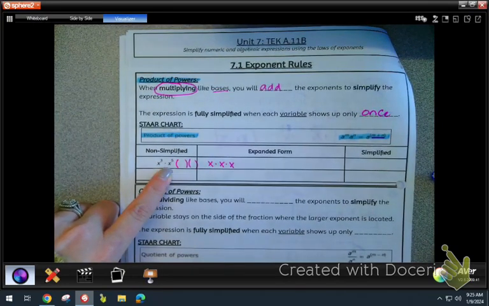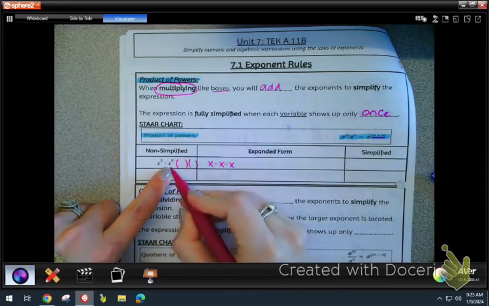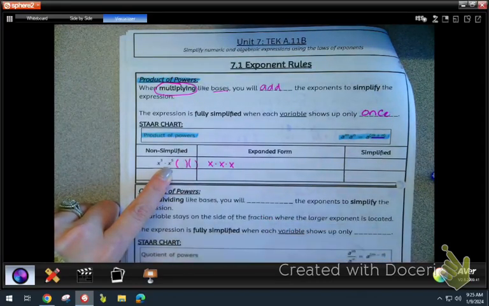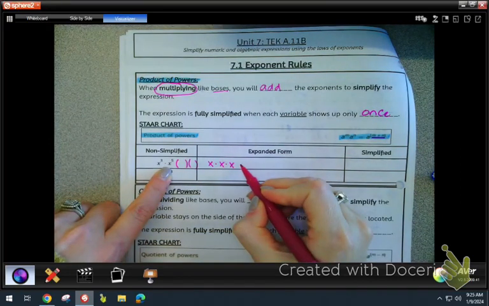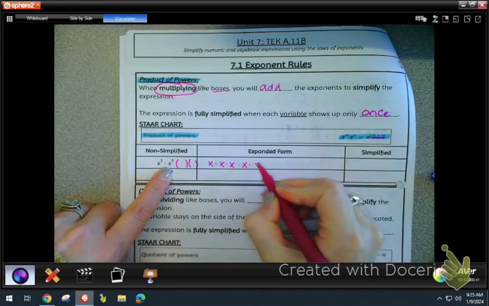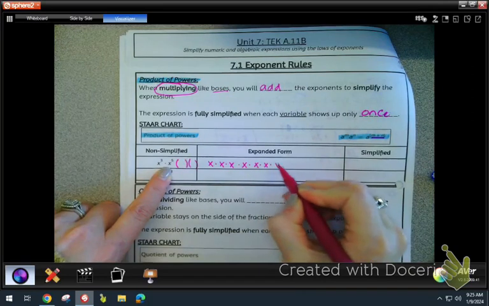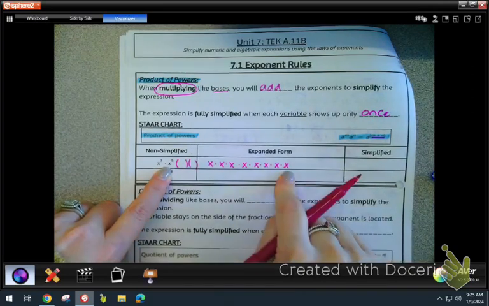Now, Jahan, the other side says x to the fifth. So how many times am I going to multiply that base x? What does the exponent tell you to do? Right here. Multiply it 5 times. So now I'm going to write in 1, 2, 3, 4, 5 more x's.